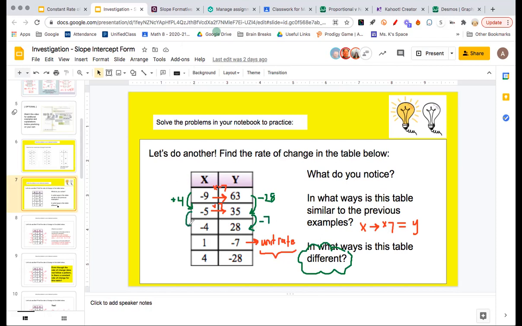From here to here, it's what? +1. Let's look at this one. What's this pattern? So it wouldn't be a linear equation. Or... That's the question of the day. Okay, so what we're noticing is it doesn't follow a pattern.